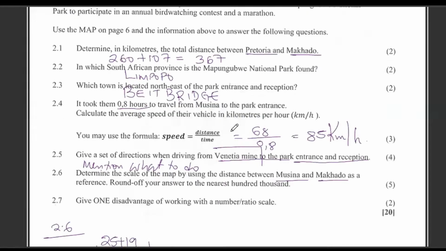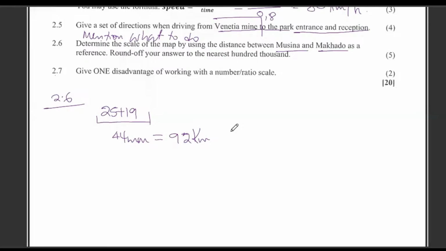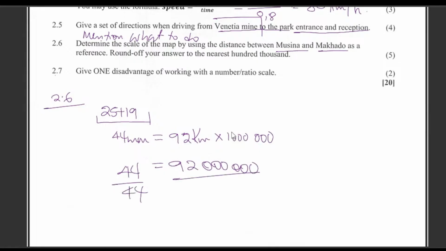So 44 millimeters are equivalent to 92 kilometers. Because I want it to become a number ratio, we change the kilometers to millimeters. We multiply by 1,000,000. So this will become 92 million. On the other side we have 44, and we want to know about 1, so we divide through by 44.